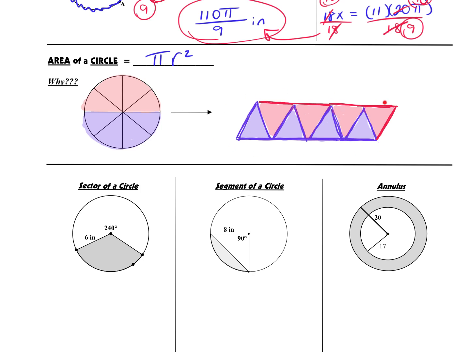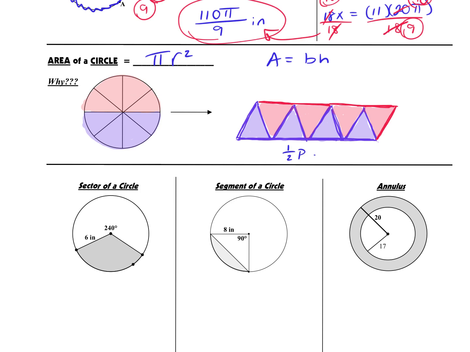Now, we understand that the area of a parallelogram is going to be base times height. So the base of this parallelogram here is half of the circumference of my circle, or half the perimeter. There's a couple ways we can think about this.